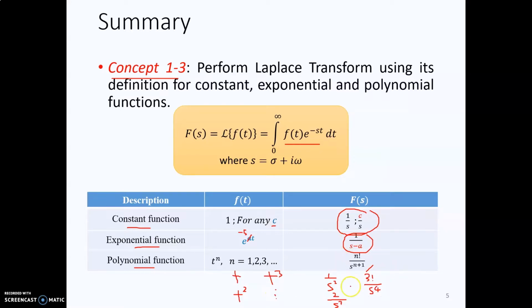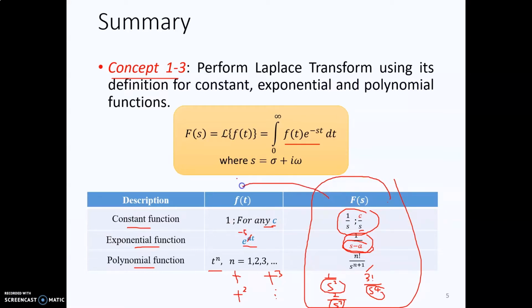So you can see the pattern where if you have s power something at the bottom, it will be a polynomial function of t. And if you have s minus something, it will be an exponential function. And if you only have s, it will be a constant. Checking the denominator for the F(s) is very useful for you to do the inverse Laplace transform.